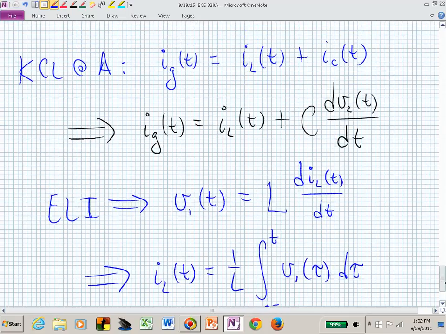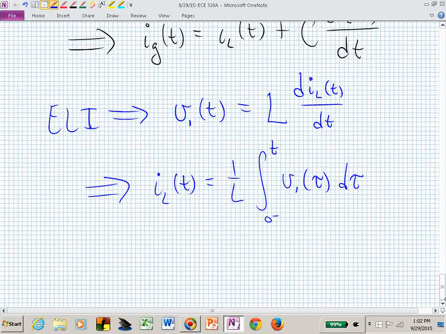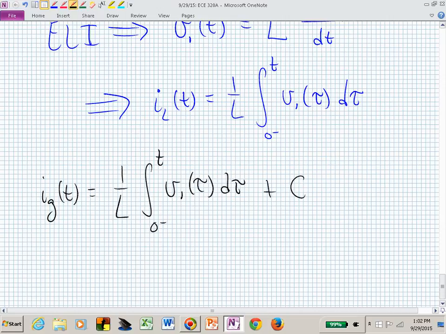This I sub L can now go into that location, and now I have I sub G of t is equal to 1 over L integral from 0 minus to t V sub 1 of tau d tau plus C dV sub 2 of t dt.